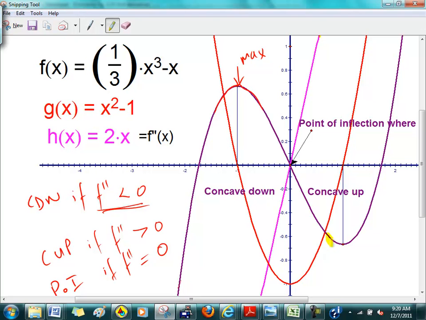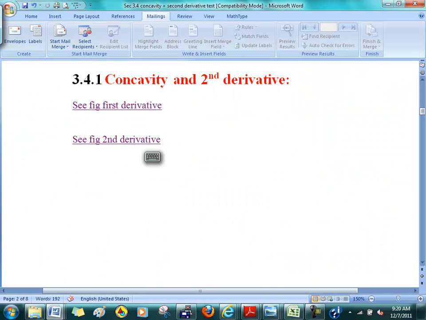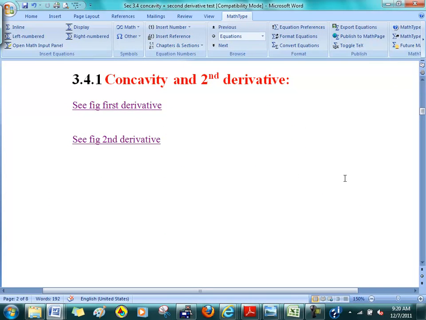And when it is concave up, this is a min. So you can see it's kind of tied to what we just did, except we are looking at second derivative now. You guys with me on this stuff? Okay. So those are pictures, and then we have words.